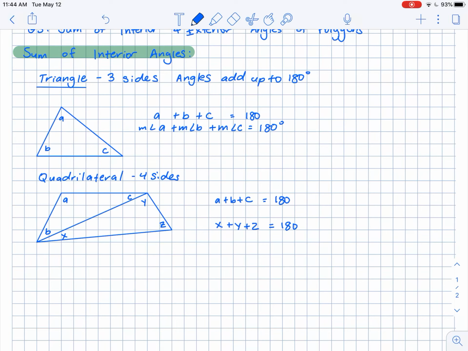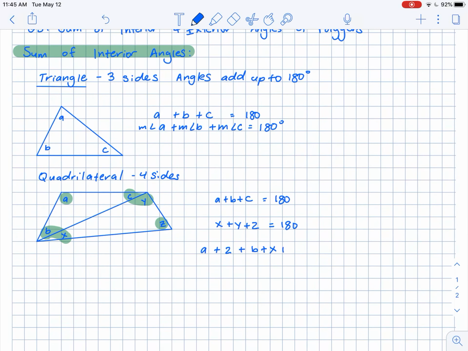Now, what does this mean? If I add all of these angles together, if I add A plus Z and then I add these two angles, BX and CY, the first angle is created by adding B plus X. The second angle is created by adding C plus Y. What is that going to equal?